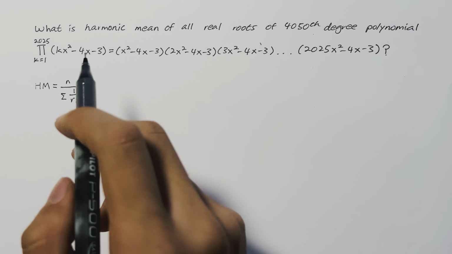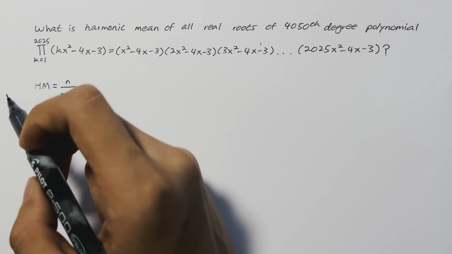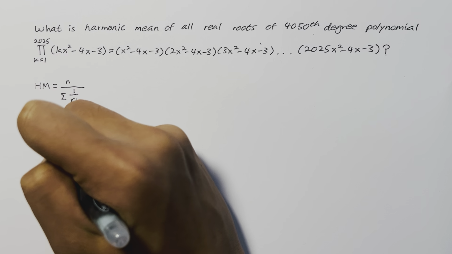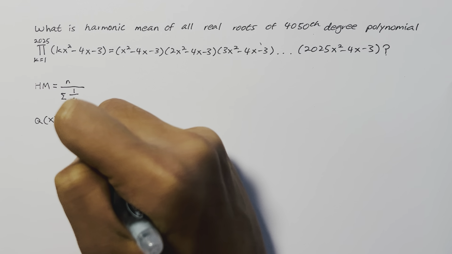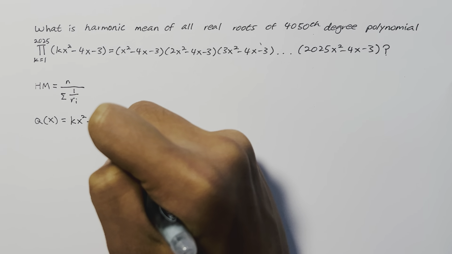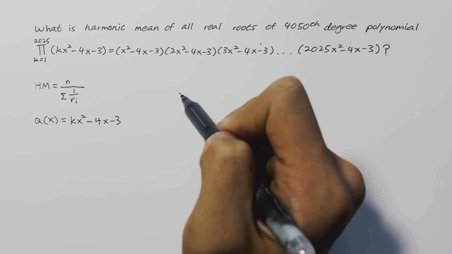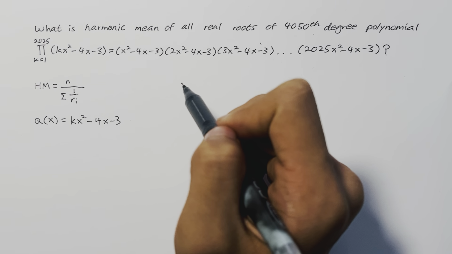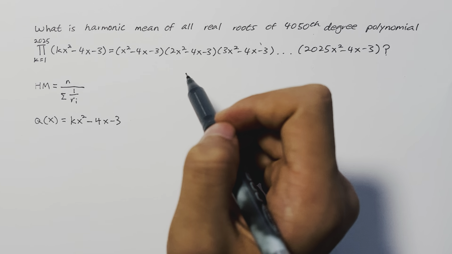So we can define a general factor q of x equal to kx squared minus 4x minus 3. For each value of k from 1 to 2025, this quadratic has two roots. Let's call them alpha k and beta k. Our goal is to find the sum of the reciprocals of all these roots.